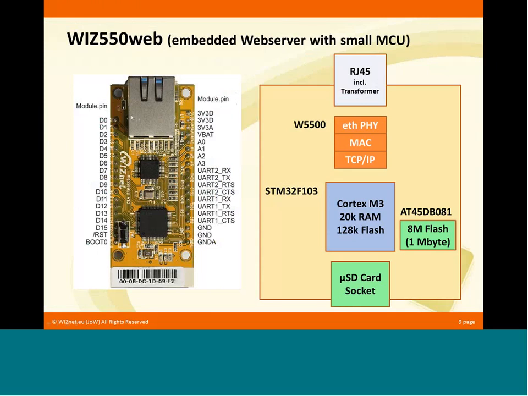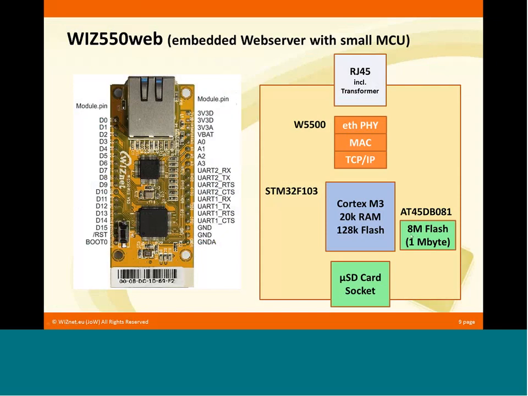This is the web server module, where you have a lot of digital I/O, analog, serial interface, a lot more interfaces. What is on this module? There is a Cortex-M3. Because we want to do a web server, it's better to have a little bit more performance and a little bit more memory.